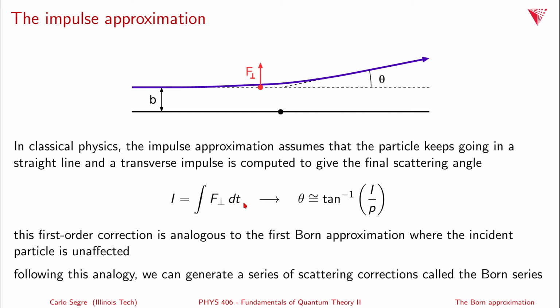If we take this analogy, we can use a series of scattering corrections called the Born series to do a more complicated scattering problem.